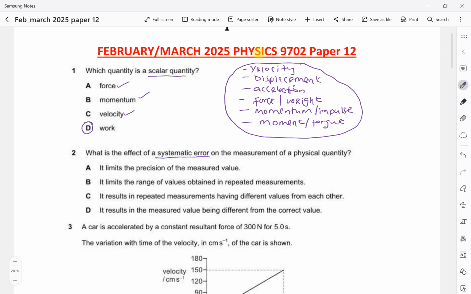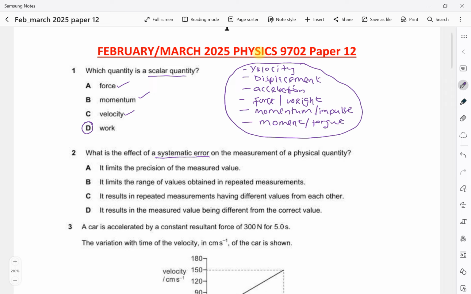Unlike a random error, which makes values scatter above and below the true value, this one makes all values to be above the true value.